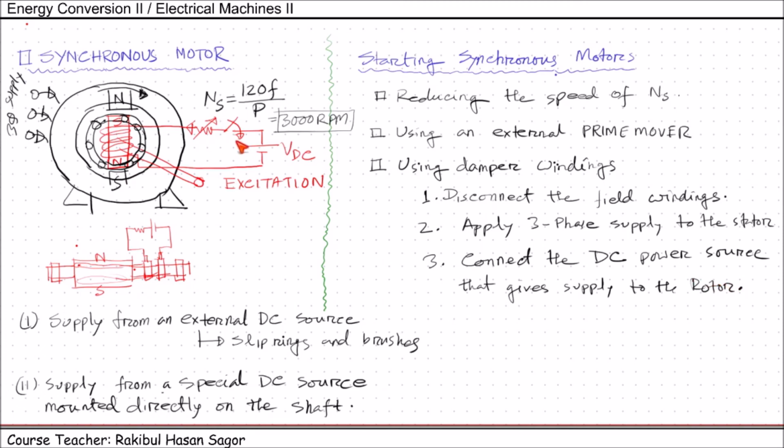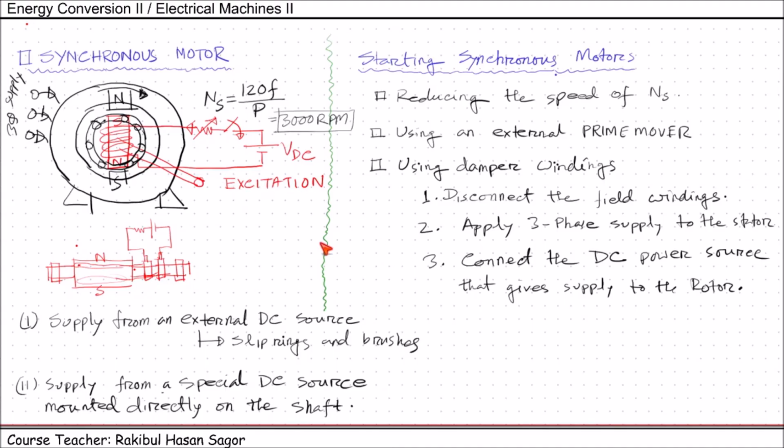That means when we connect the DC source, at that moment the rotor is rotating with a speed near to the synchronous speed, and it will be easier for them to be interlocked, and the motor will start running with synchronous speed. These are the 3 procedures you need to remember when we want to start a synchronous motor.